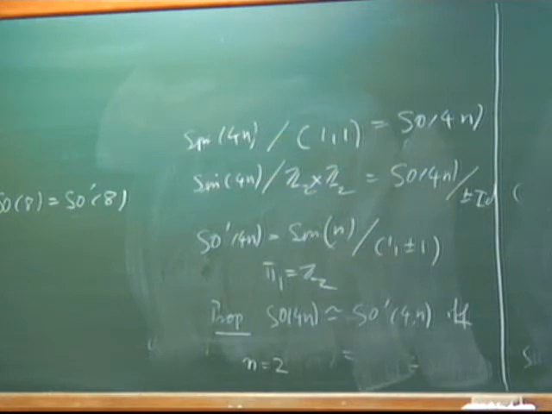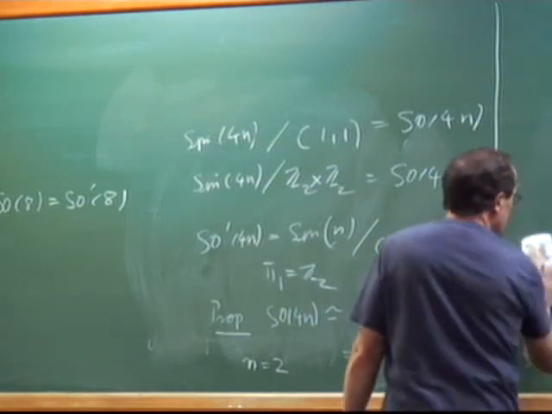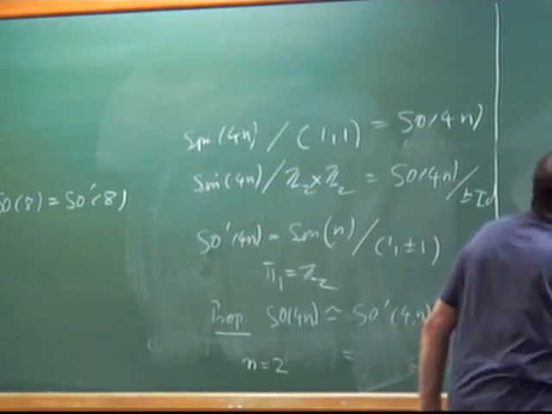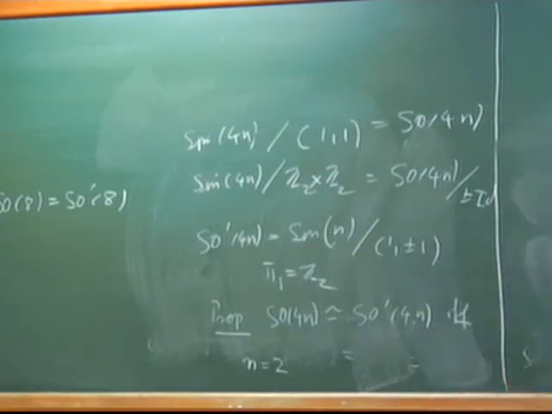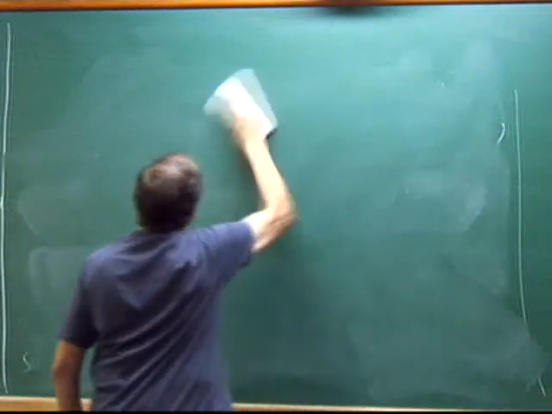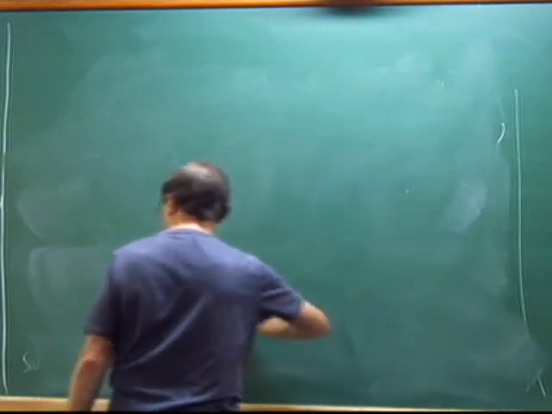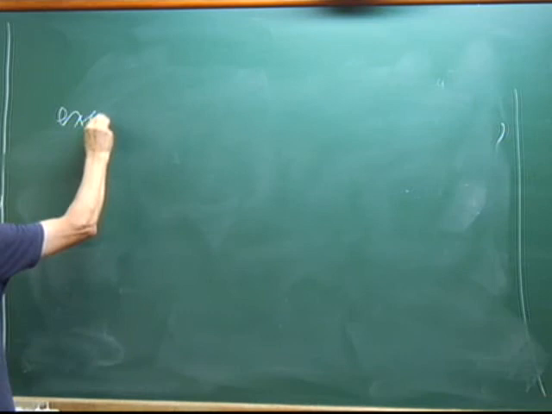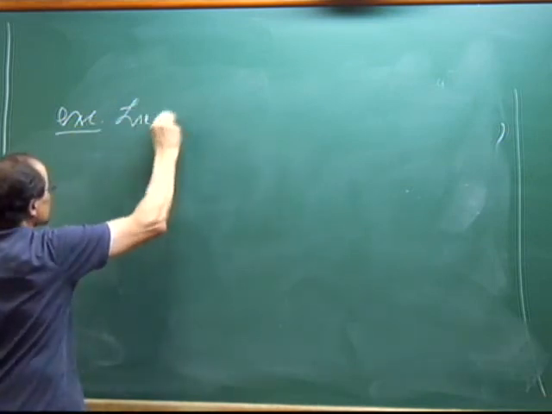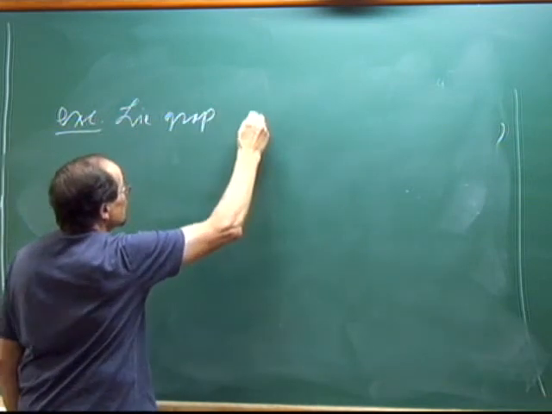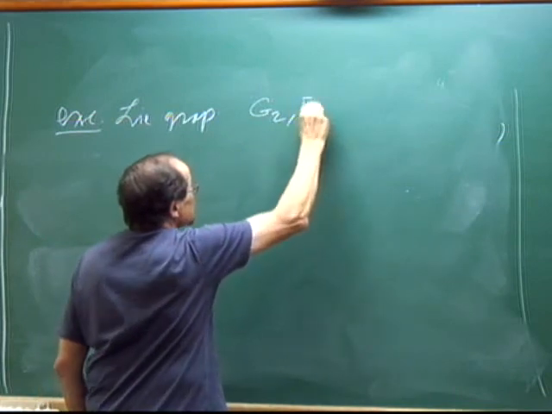Okay. I wanted to do something on one last Lie group, which is one of the exceptional Lie groups. So I want to define G2. Remember, I think I mentioned before, besides the classical ones we saw, there is a sequence of exceptional ones.